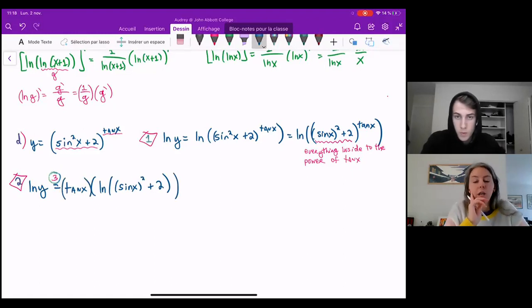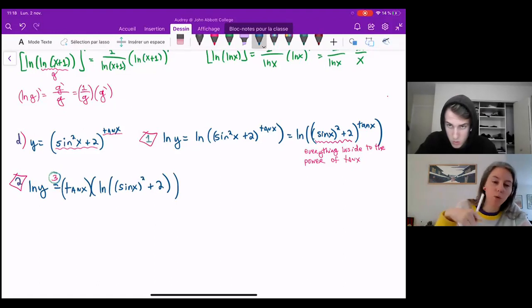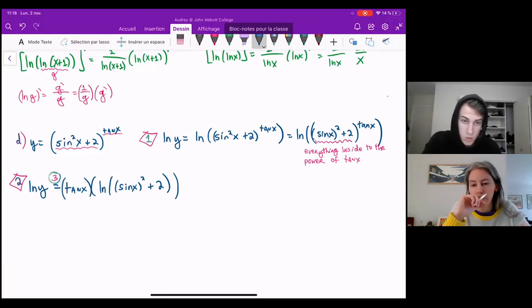Now question, can I bring that 2 down to the front? Can I say 2 ln of sine x plus 2? What do you guys think?